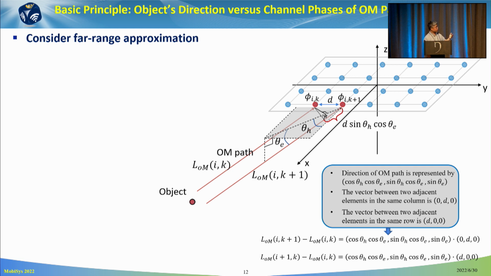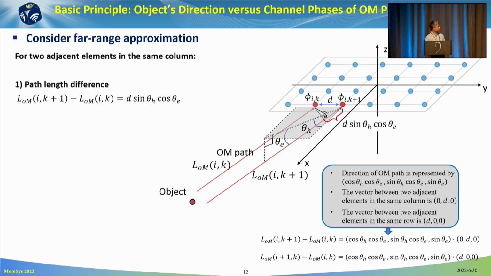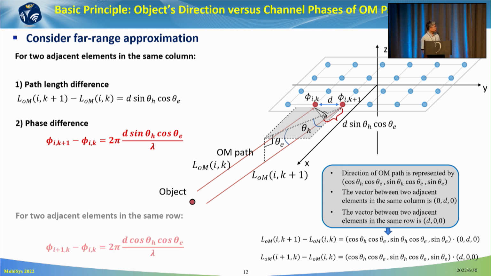We can establish this kind of relationship. And from the path difference, we can derive the phase difference. So now we have a relationship between the phase difference of the two elements and the actual direction of the object. We can do this on the rows and on the columns. This is the basic principle we apply to determine the 3D direction.